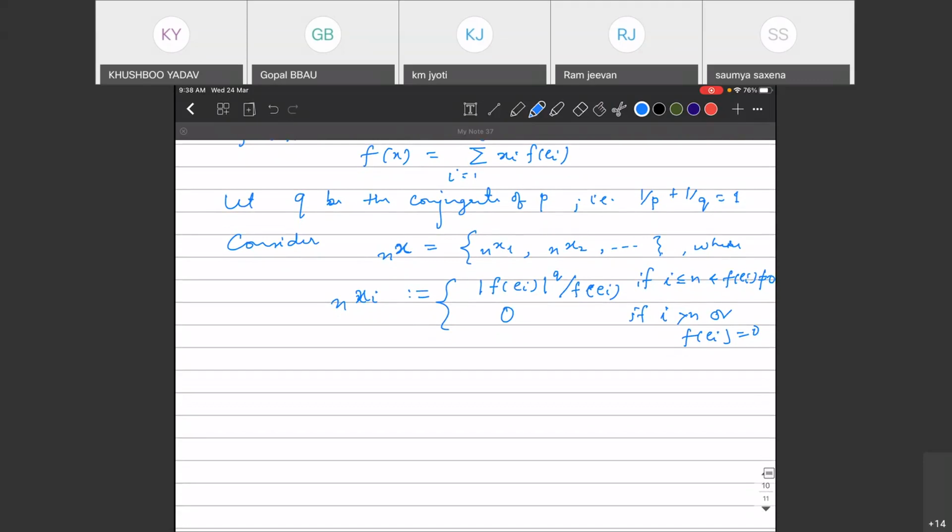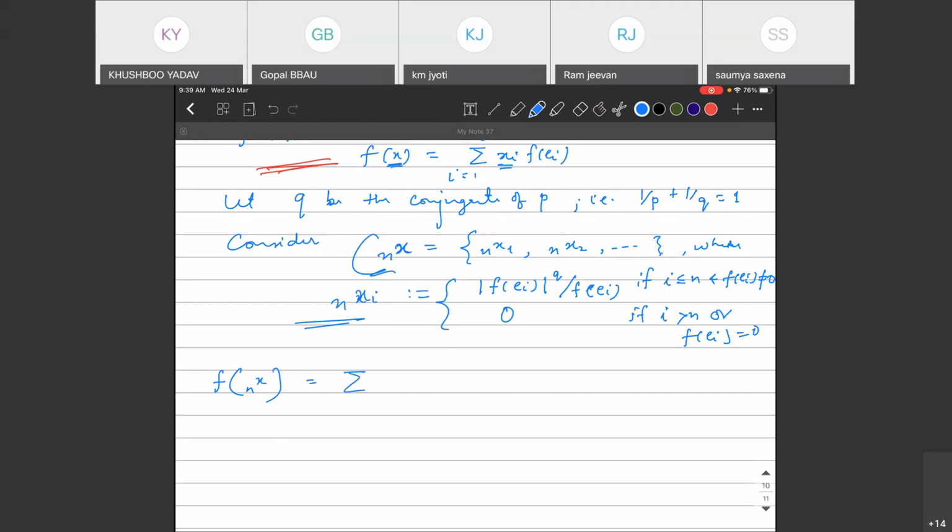Okay, so what we do now, we substitute this nxi in this definition of fx. Instead of x, now you will use nx. So instead of xi, you will get nxi.